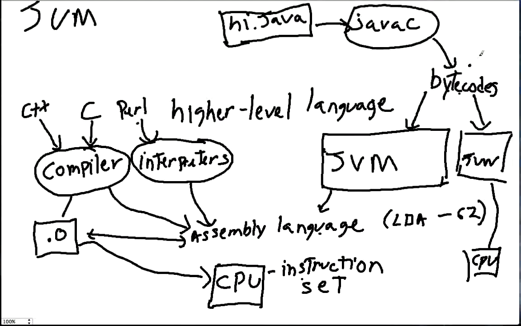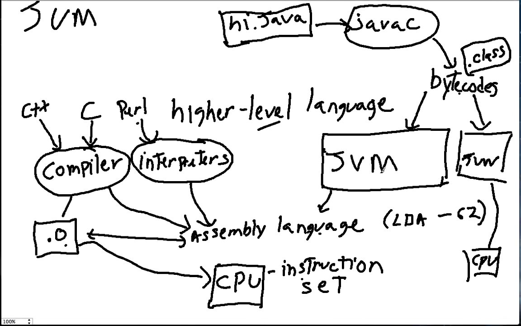These go into your .class file, and your .class file contains bytecodes. Then when you run that, the JVM picks up those bytecodes and runs them and turns them into your local instruction set. So the JVM is a two-step process. You create this .class file, and that .class file is not a .o file, so it's not written specifically for your CPU, but is written in bytecodes, which is very similar to your CPU.